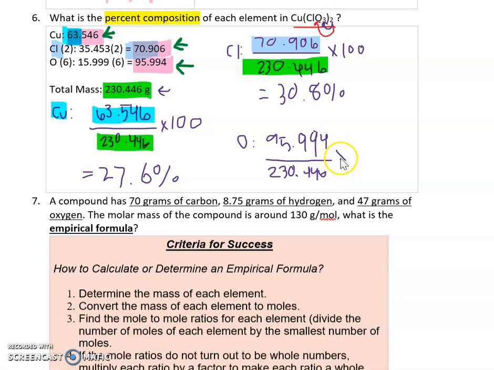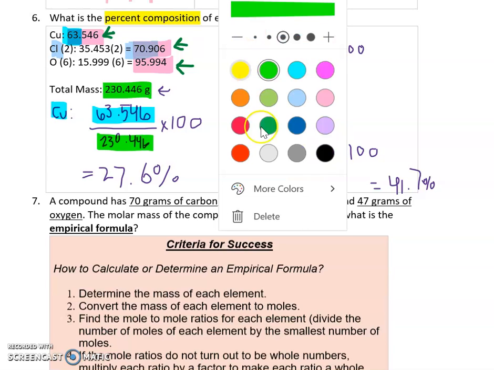And then I have to multiply all of this by 100. So now I get on my calculator. All you're doing here is just finding a fraction. 95.994 divided by 230.446 times 100 is equal to approximately 41.7%.